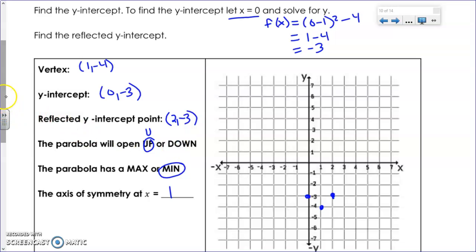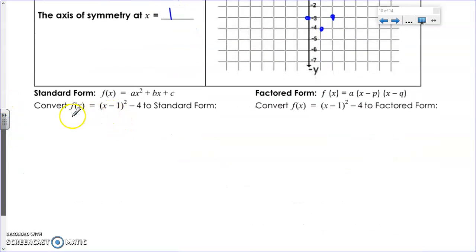So I'm going to go down because I need to do that. Here we're going to convert to standard. Anytime it's not in standard form, you have to convert to standard before you can do factored. You have to convert to standard before you could do vertex. So we're going to take this (x minus 1) squared and expand it.